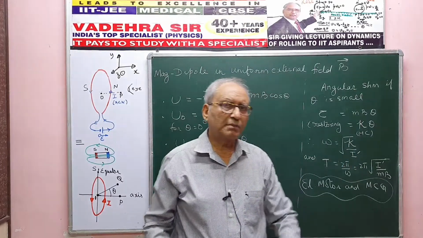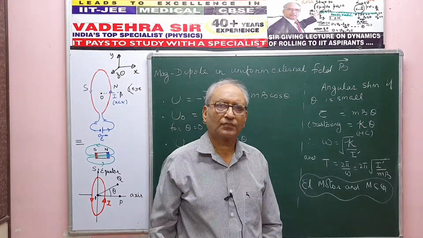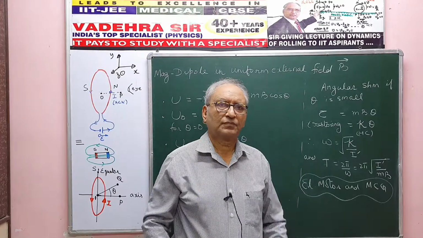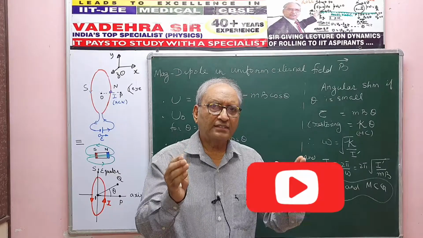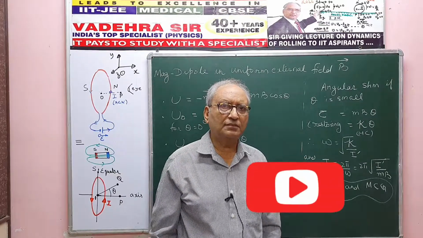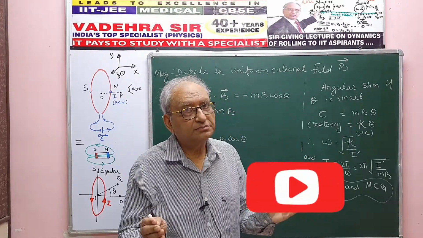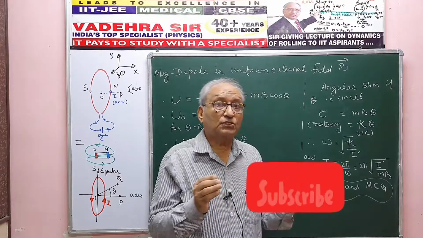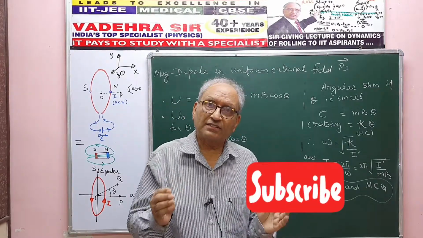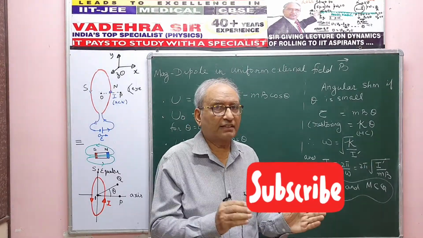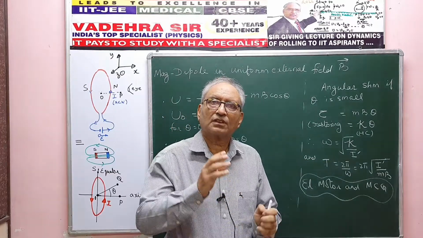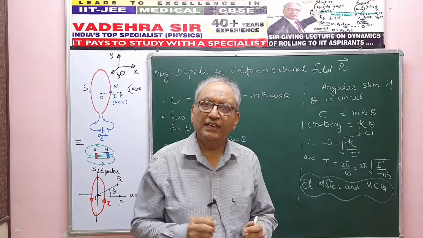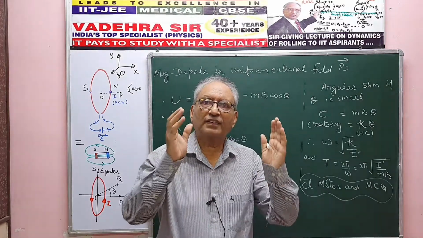Now here I would like to remind you of something. We have this current carrying coil as a magnetic dipole. It is placed in an external magnetic field of strength B. It experiences a torque. When it experiences a torque, it will have angular acceleration. Angular acceleration will increase its angular velocity. The coil will rotate in the magnetic field. It is the case of an electric motor.